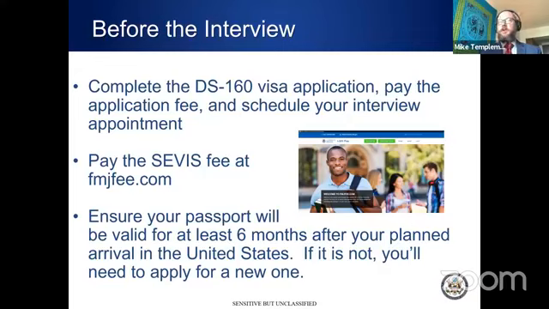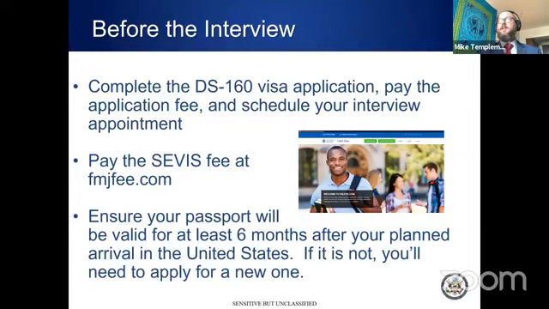One important note is that in your passport, you'll have an expiration date. Your passport needs to have at least 6 months validity. It cannot expire less than 6 months from the date that your program starts.